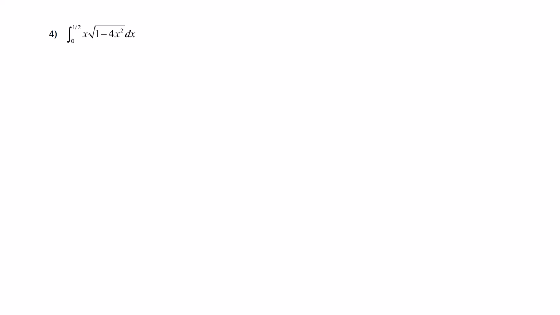Notice what's inside the root, the 1 minus 4x squared: the derivative of that is off by a constant, but within the problem there's that first factor of x. So actually, this is just a basic u sub. I'm going to note that because it's helpful to see it and then look out for this, right?